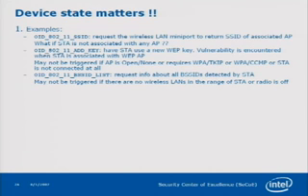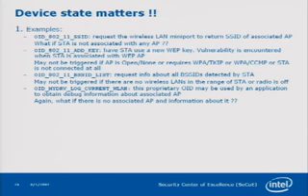OID 802.11 BSSID list. This object identifier is used to request from the miniport driver, the wireless LAN driver, the information about all BSSIDs detected by the station. Actually, not just BSSIDs, MAC addresses, but a whole bunch of information about all the WLANs discovered by the station. So the vulnerability, even if it exists, may not be triggered if there are no wireless LANs in the range of the station or the radio is off.